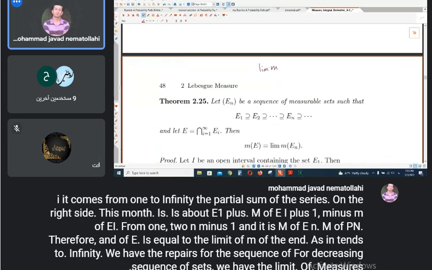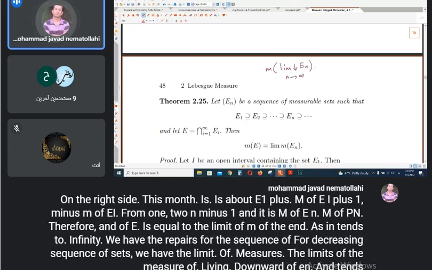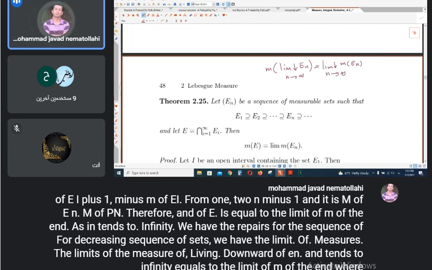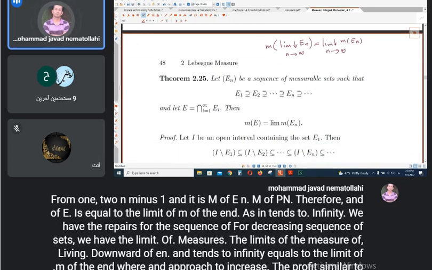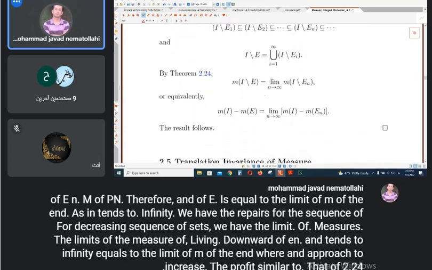The limit of the measure of the limit downward of E_n, as n tends to infinity, equals the limit of M of E_n, where n approaches infinity. The proof is similar to that of 2.24 and left to the reader, of course.